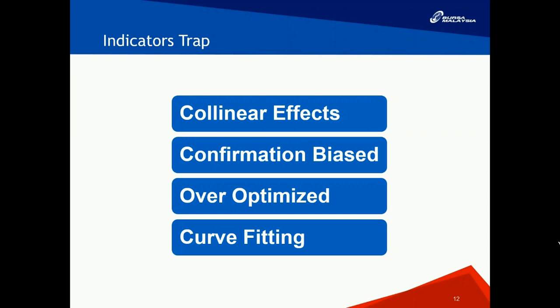Okay? Second will be confirmation bias. What is confirmation bias? We fall into confirmation bias because, for example, you look at a certain indicator. Every time this indicator gives you this signal, you say, okay, this is a very good indicator because every time it gives me this positive signal, the stock will go up, and it should be used.